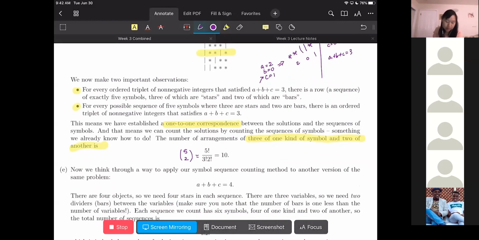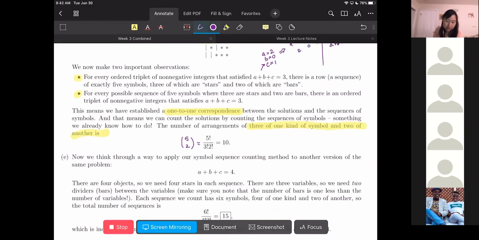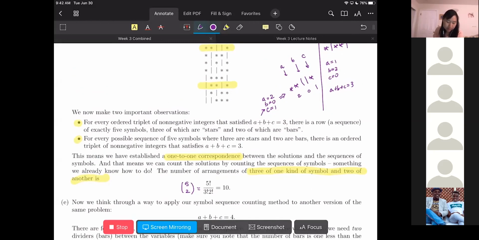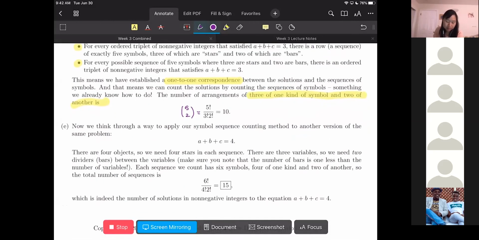That's right. Let's see if we can use this stars and bars argument. We have 4 objects, so we have 4 stars. And there are 3 variables, so we need 2 bars or 2 dividers.